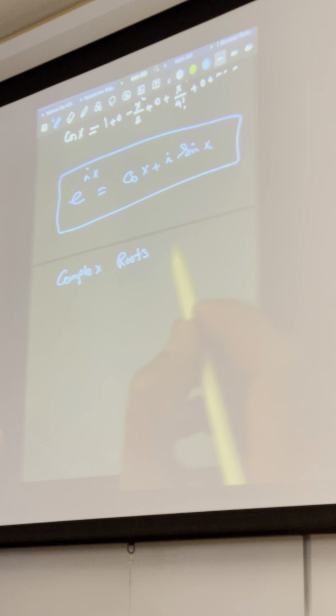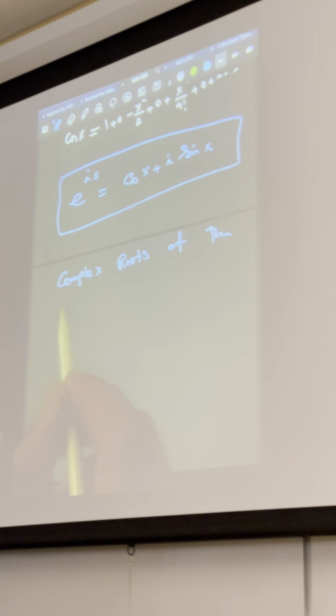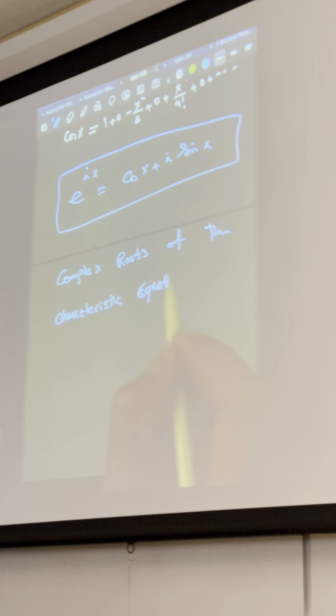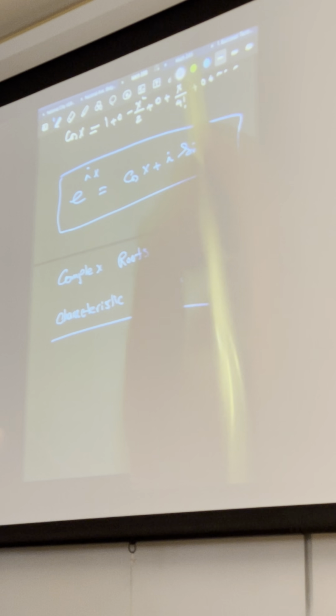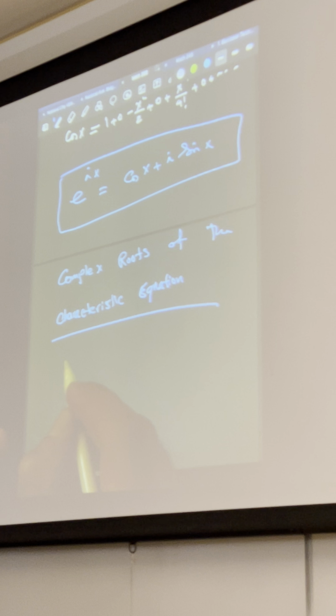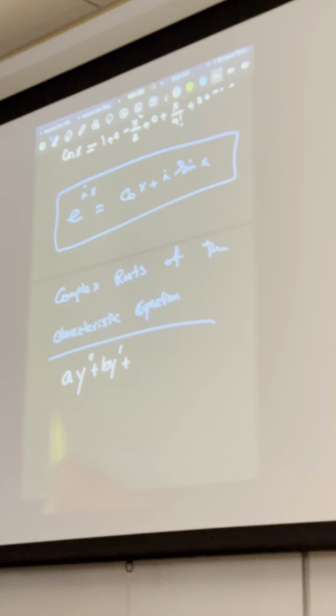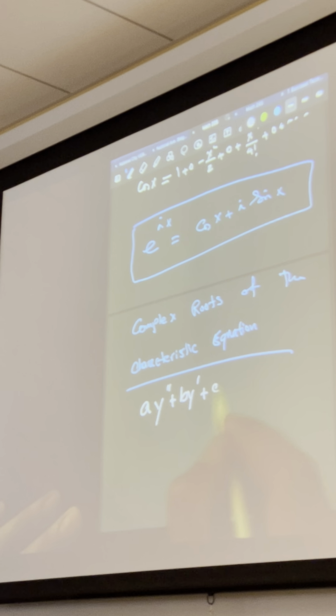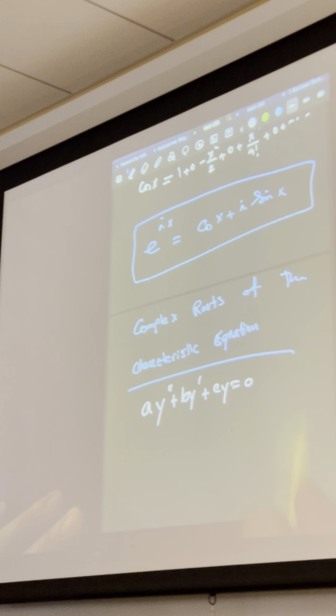So we're going to talk about complex roots of the characteristic equation. As I stated a little earlier, we're dealing with the differential equation a y double prime plus b y prime plus cy equals 0.